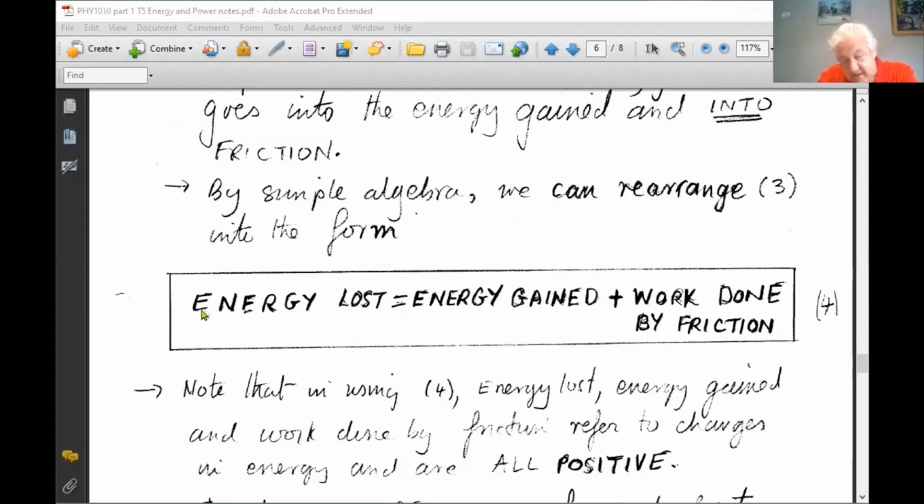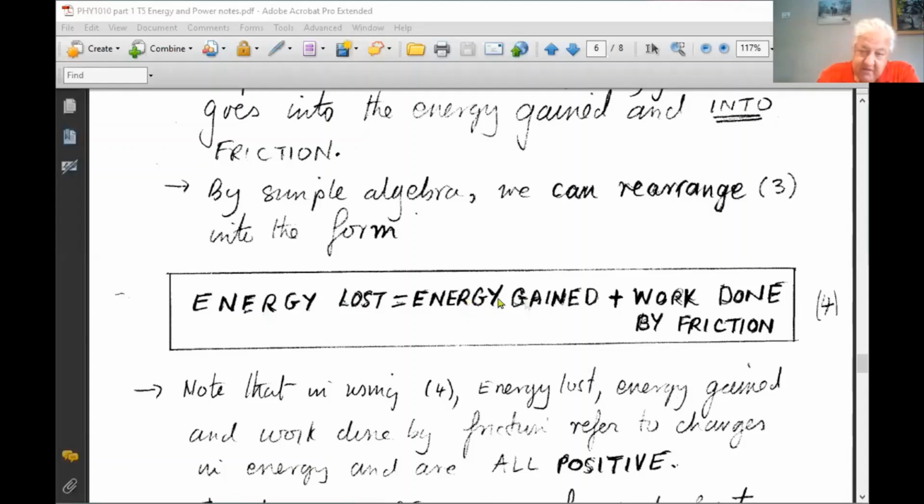In this case, you always make sure the quantities are positive. So you always arrange, for example, if you've gained potential energy, you put the largest value first, mgh2 minus mgh1, where h2 is bigger than h1, so you make it positive.